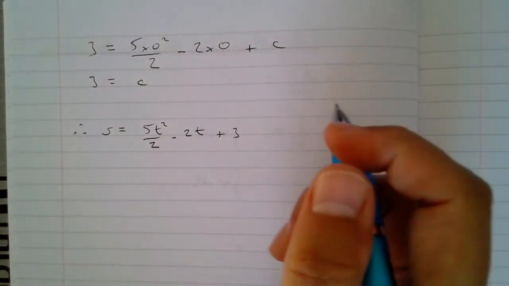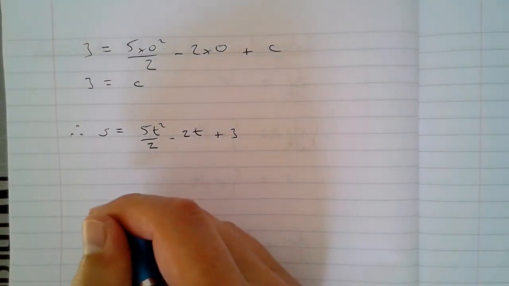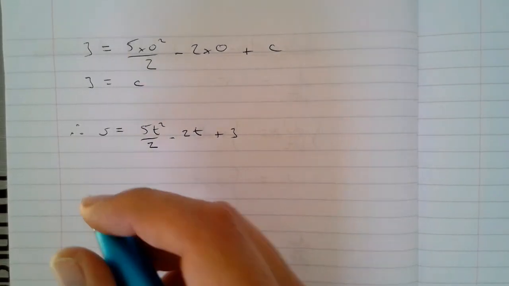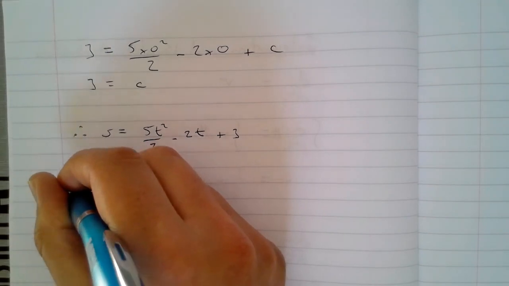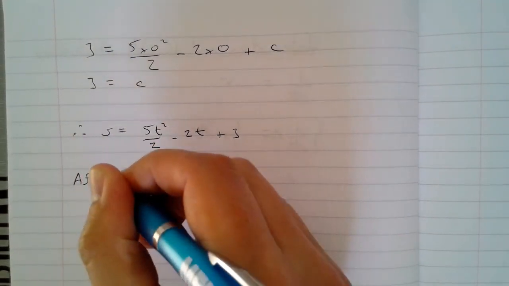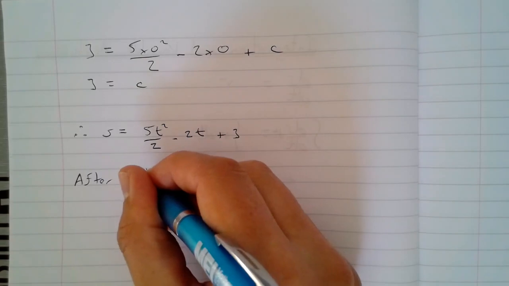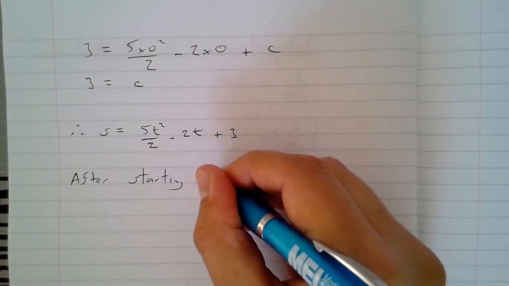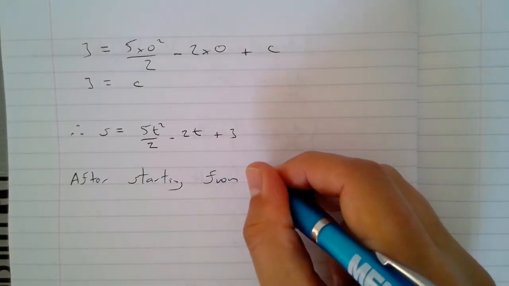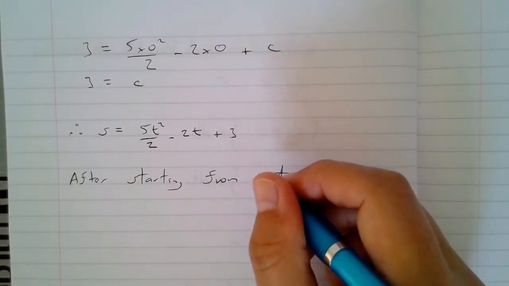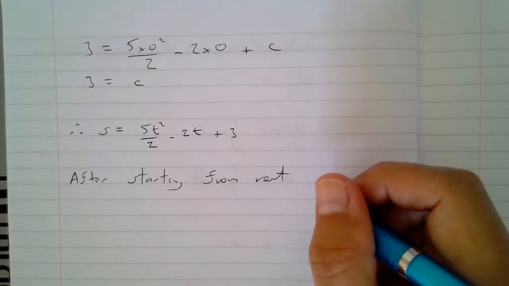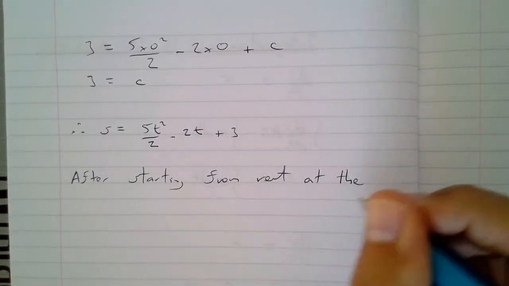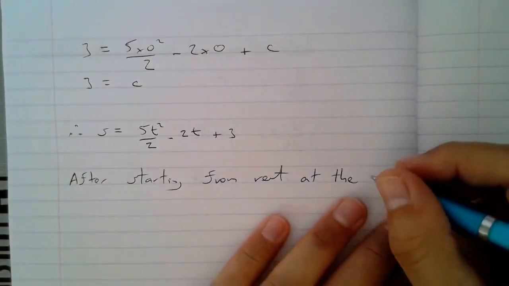One way that they can do it without giving you explicit numbers is by saying things like after starting from rest, at the origin, for instance.